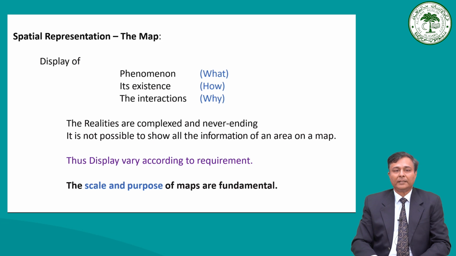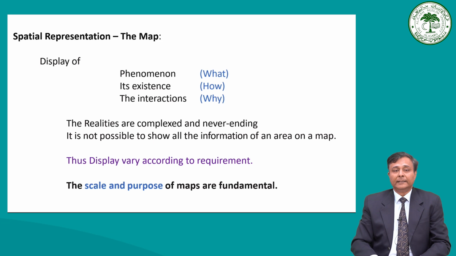Then we may also discuss the existence of that phenomena, that means how this phenomena has evolved at that specific location only, and elsewhere the same phenomena has not evolved in the same manner. The third can be the interactions, which would define how and why these phenomena existing at a location are existing in a certain way.